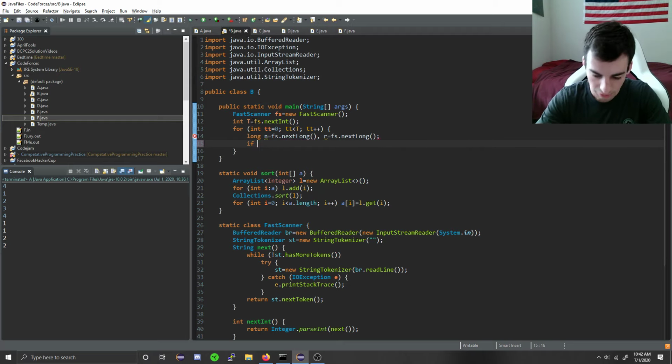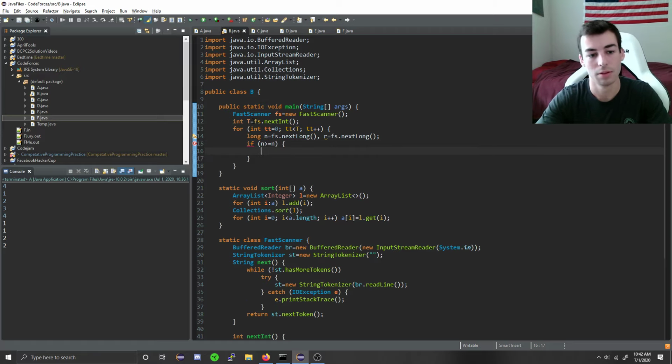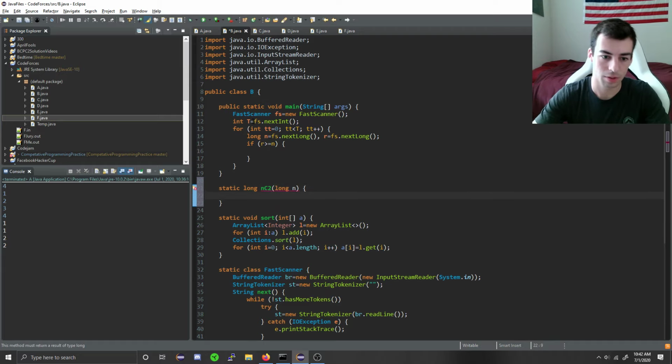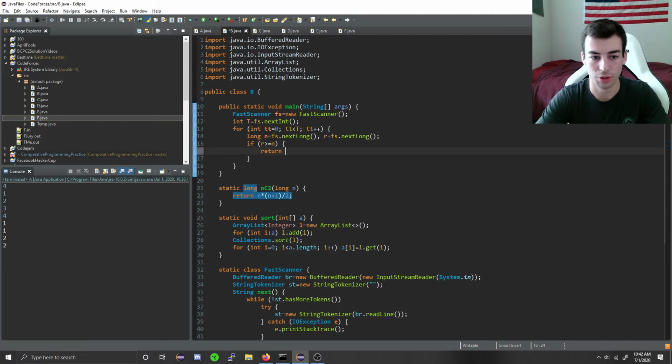Okay. So if r is greater than or equal to n, then return n choose 2 for n minus 1.